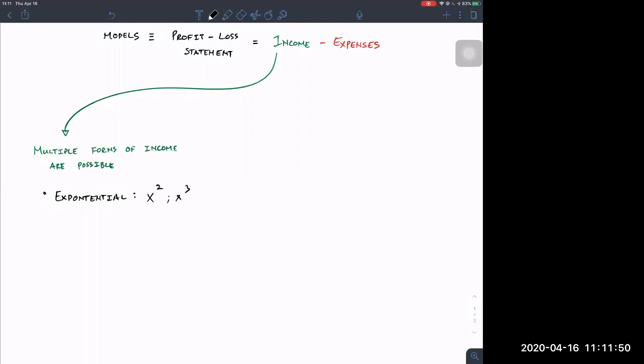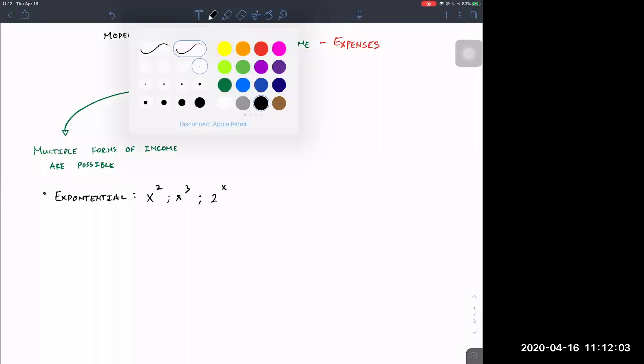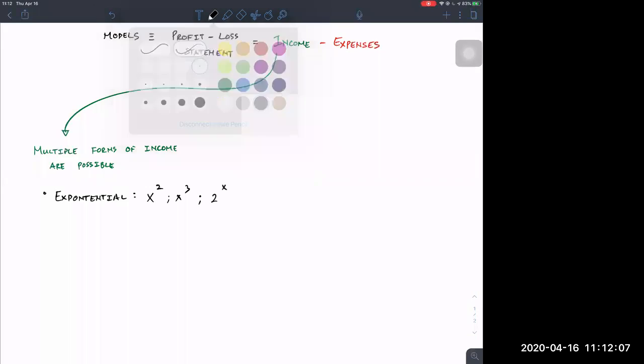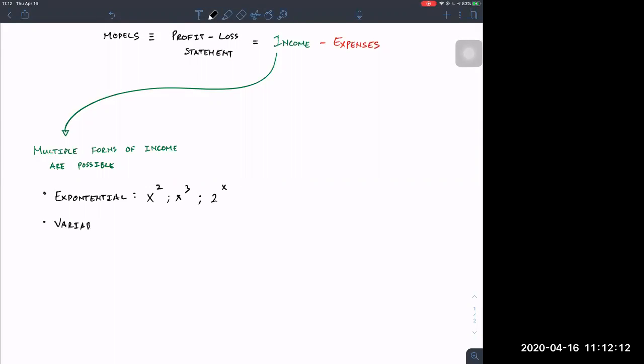Something more uncommon is something similar to the compound equation. So it could be a number raised to a variable, something like that. So that growth is a lot higher as well. And then a variable can be just some variable, whether it's y, z, whatever the case may be.